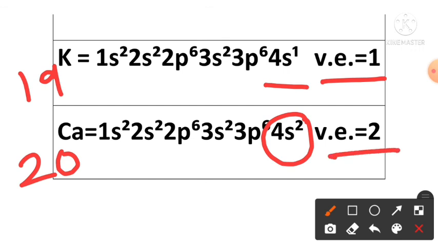Now in this way we easily derive electronic configurations and valence electrons from the outermost shells.